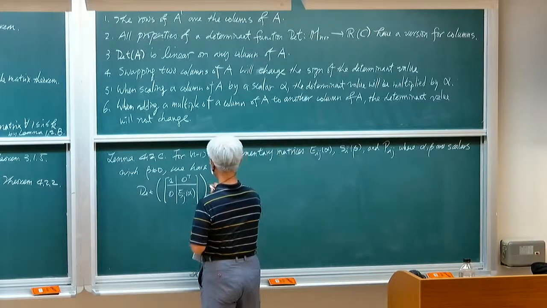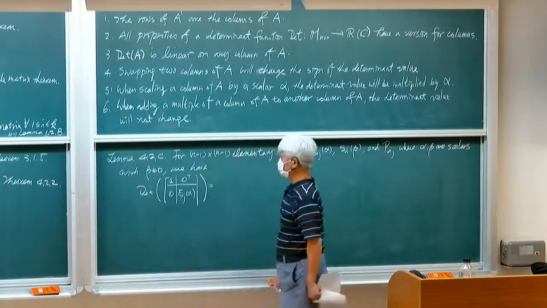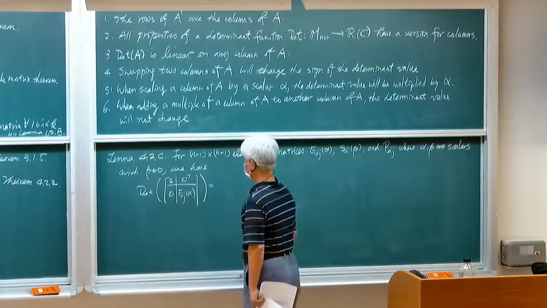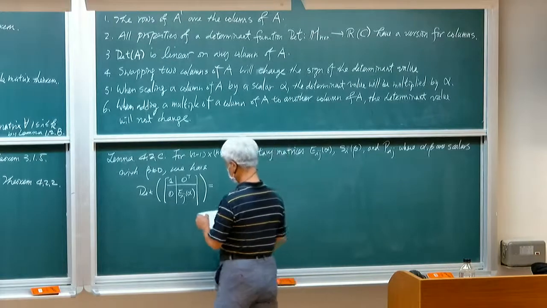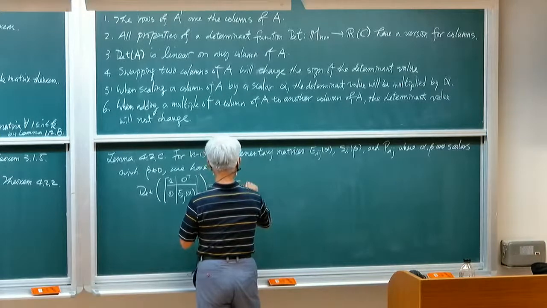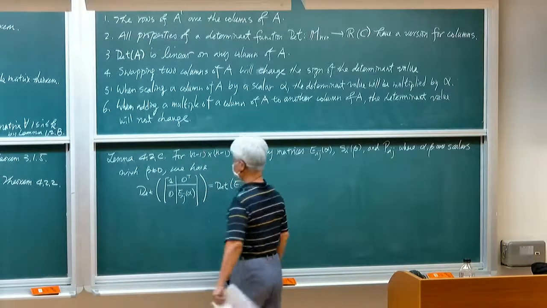When we look at this one, we find that it actually has the same determinant as E_ij(alpha).